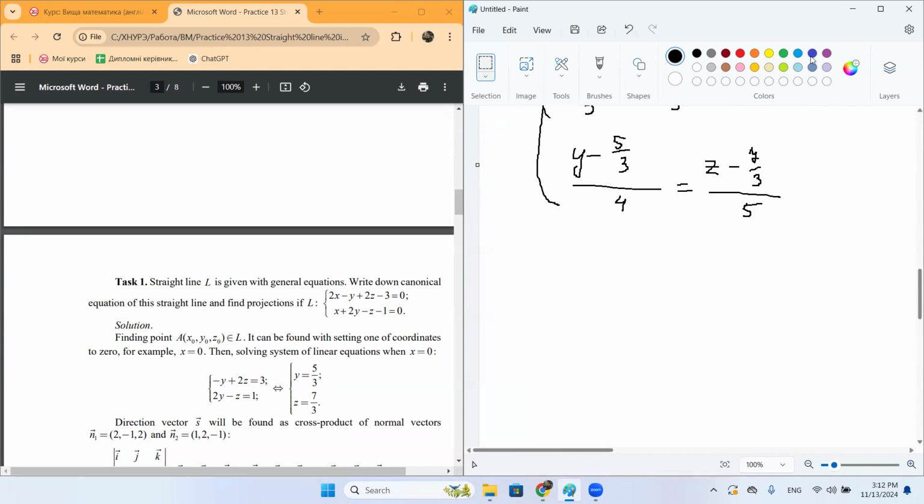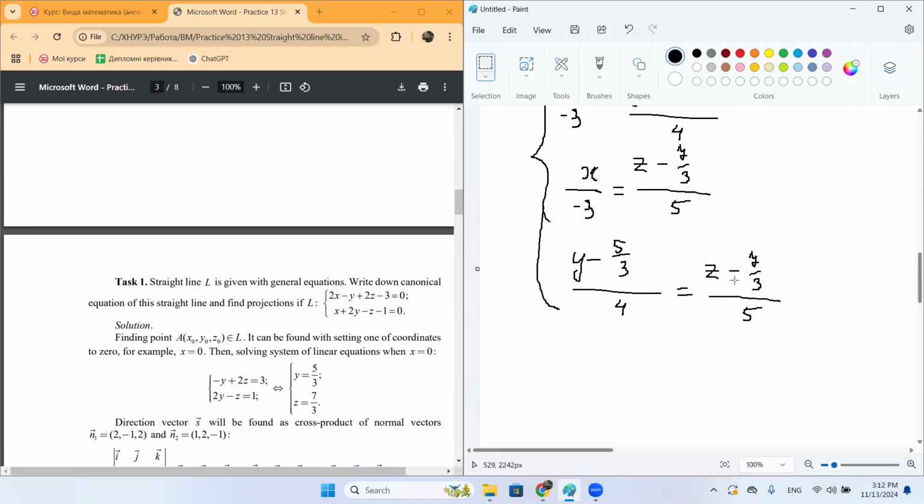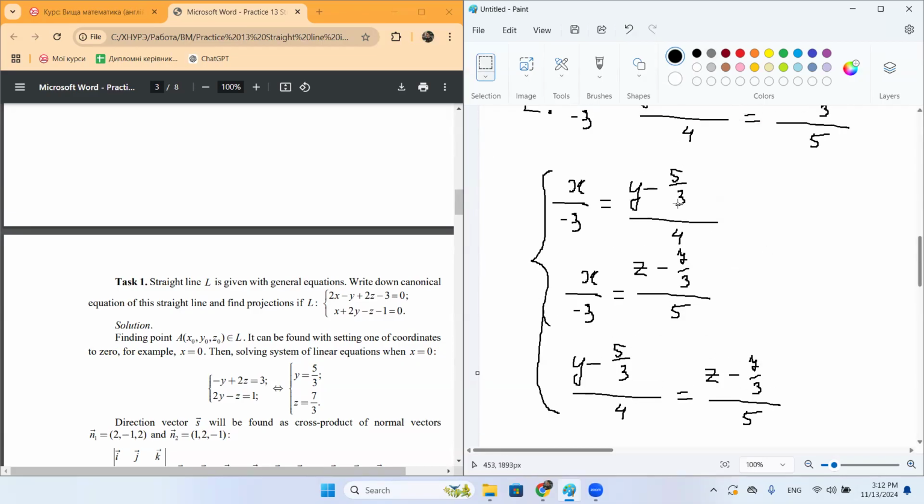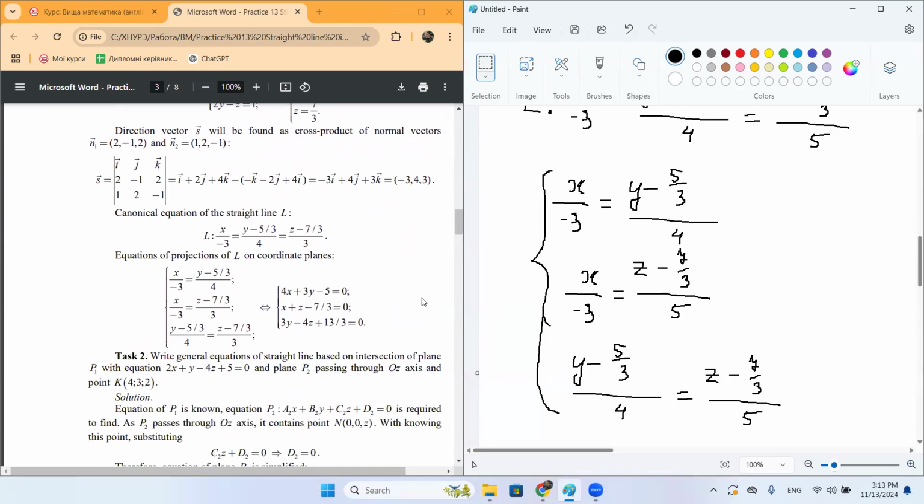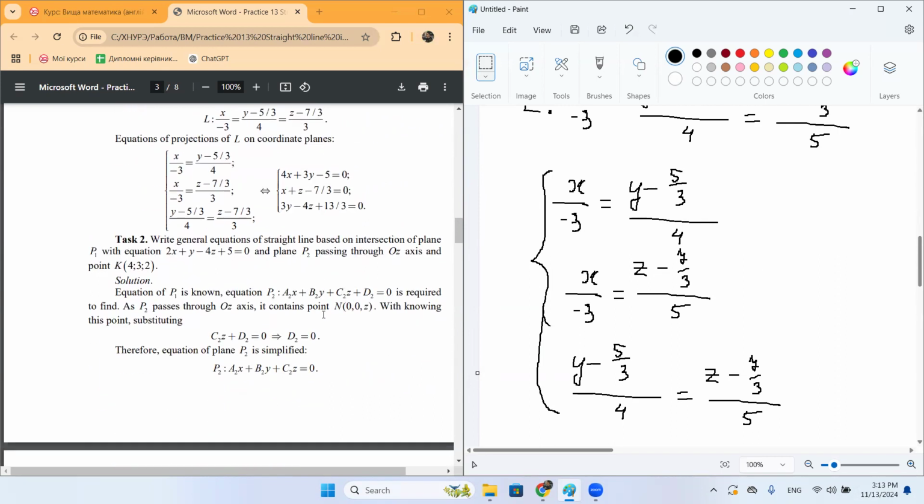So you remember the equation of the straight line on a plane. Basically, these are equations of the straight line on a plane in 2D. So we can, of course, reduce it, but let's not waste time. It can be found here.